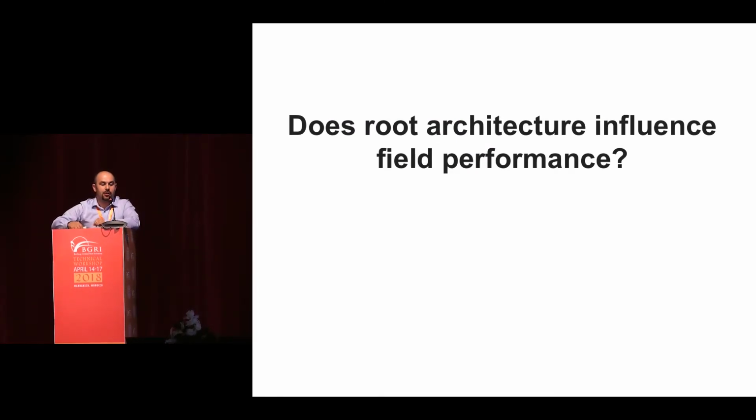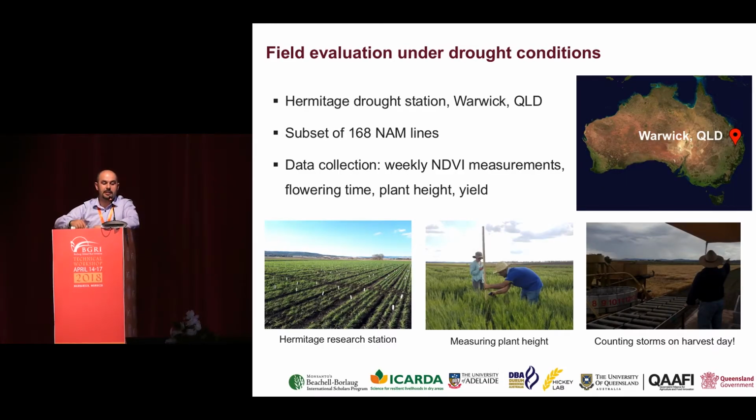Now we wanted to know if root system architecture has any implication on yield under drought conditions. So we set up this experiment in one of the drought stations in Queensland, Australia, and tested a subset of 168 individuals, collecting data on flowering time, plant height, yield and its components, and also weekly NDVI measurements.